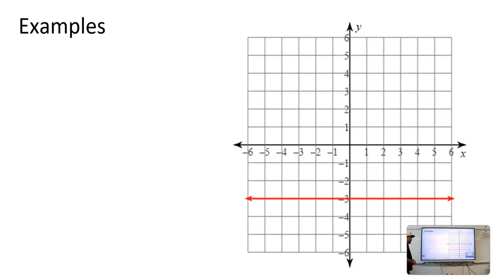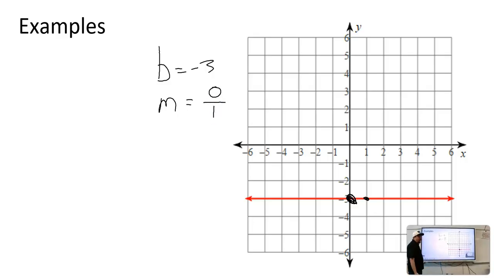Now let's take a look at this. Where is my y-intercept? Well, it's clearly crossing right here at -3. Where do I cross another place? Well, I cross right here. What is my rise? It looks like my rise is going to be 0 because I don't go up or anything, and my run is 1.